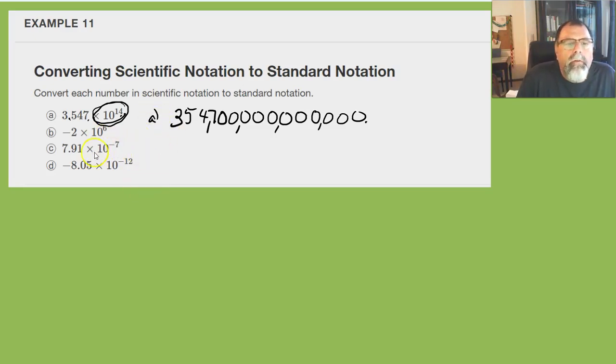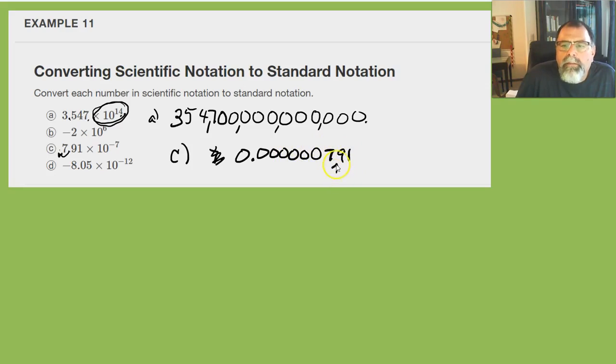You can do B on your own. C, this one's getting smaller, so we're going to go this way. So that's 1, and then we need 6 more places. So 1, 2, 3, 4, 5, 6, 7, then 9, 1.